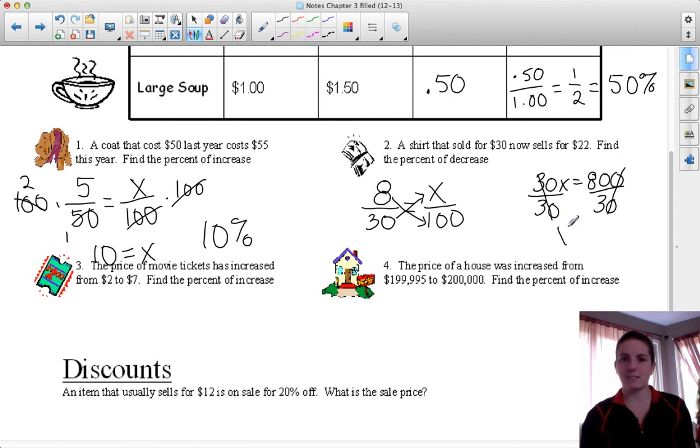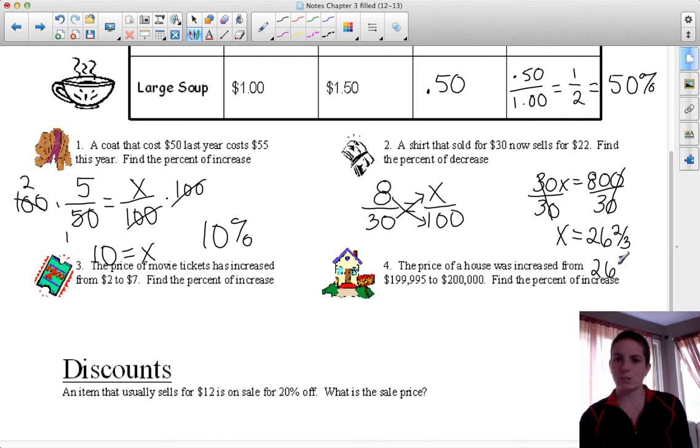And we get x is equal to 80 divided by 3, so that would be 26 and 2/3 as my answer. So I would write 26 and 2/3%, and it's a decrease, so we can either make it negative or write the word decrease. It's a percent of decrease.